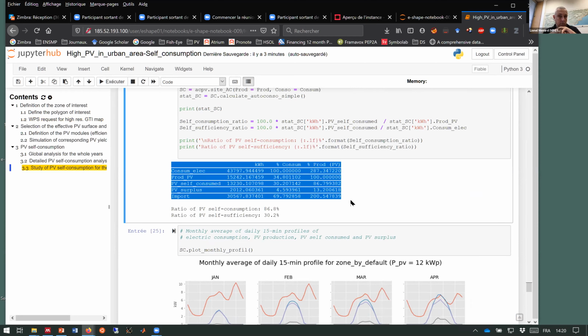And if you have the real value of the electric price on the network, the levelized cost of energy of your PV system, and the price of the PV surplus you can sell to the grid, then you can go to a quite accurate, we hope, financial analysis of your PV self-consumption. I hope that I have answered the question.